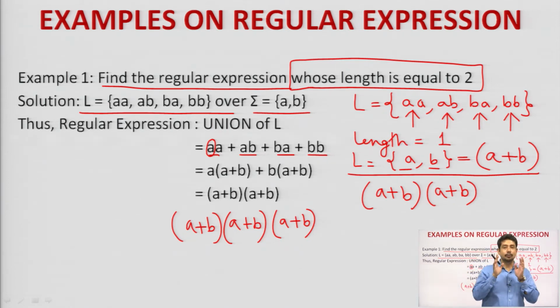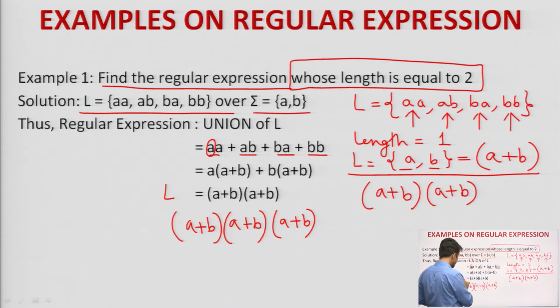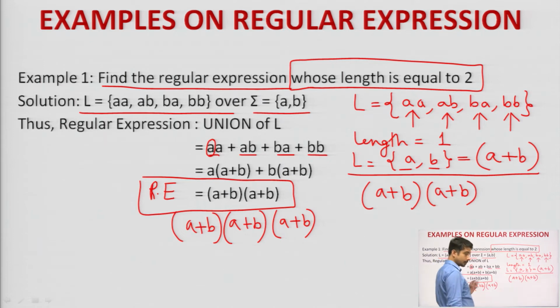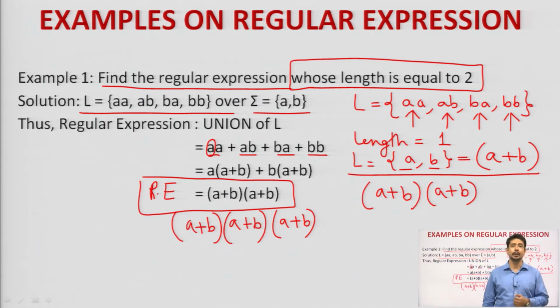So, that is why I told you that this is the most primitive expression, because this will help you in solving upcoming languages also, upcoming expressions also. So, this is the final expression which defines length equal to 2.